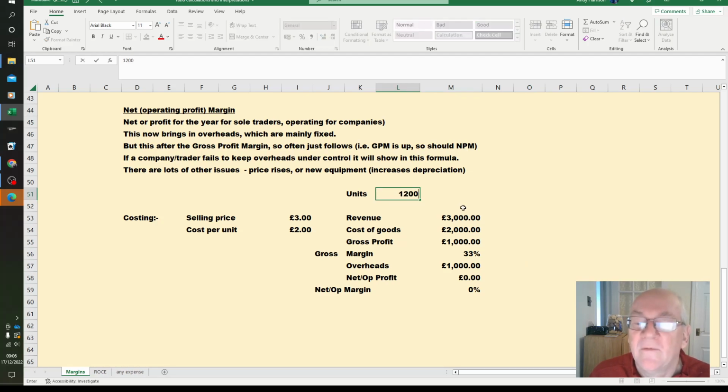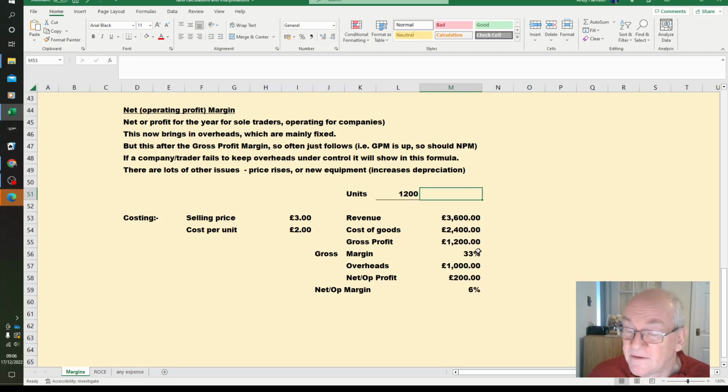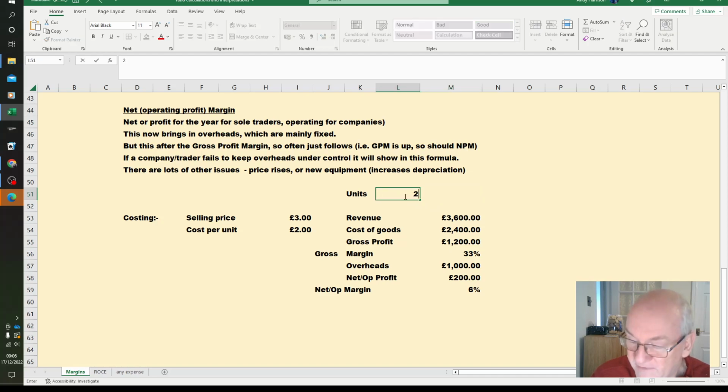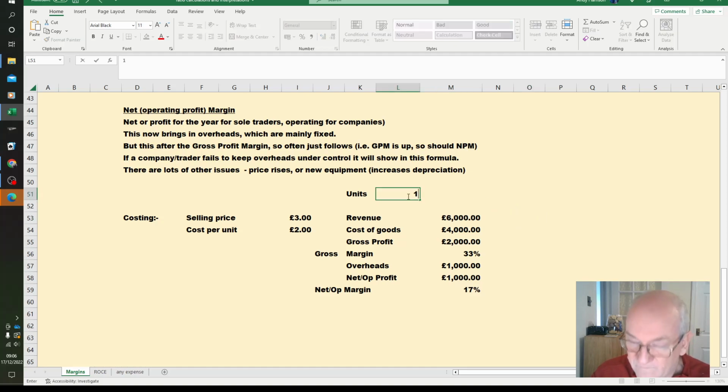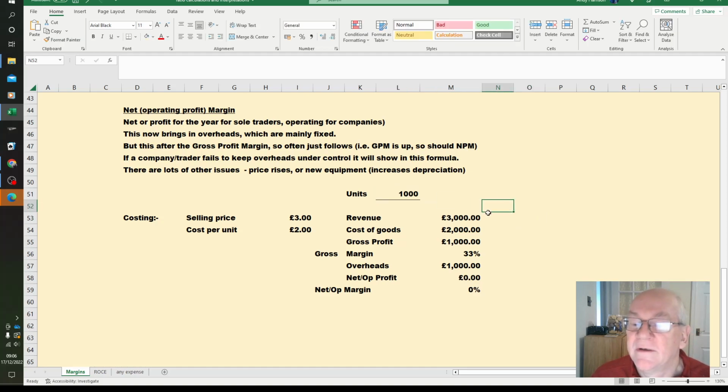So remember, volume doesn't change the gross profit margin, but an increase in volume has actually increased our operating profit margin and net profit margin. That's the same overheads being split between 1200 units, so lower cost per unit. I can be really greedy, and you can see it going up. Back to where we were.